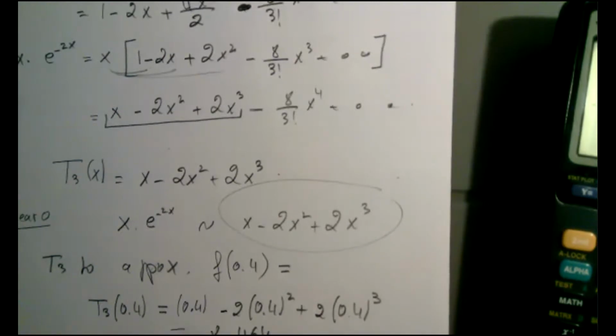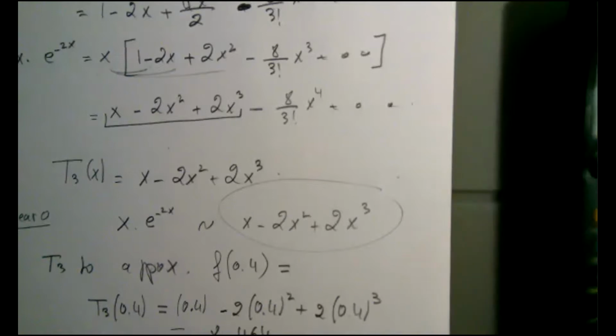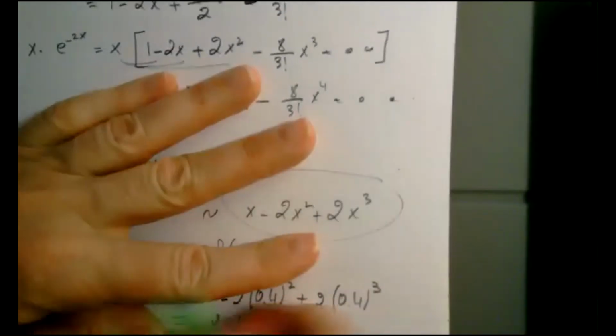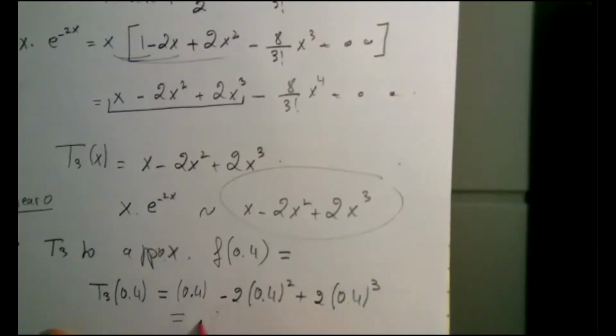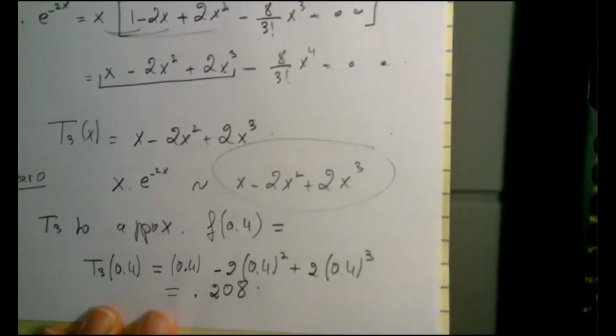Unless I did something wrong here. I think I did something wrong here. Okay, exactly. So that's 0.208. Okay, that's what you should get, because the previous number didn't really make sense.